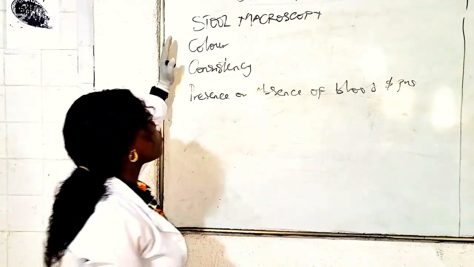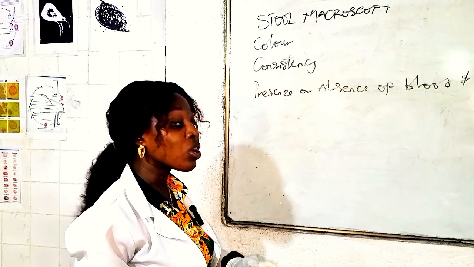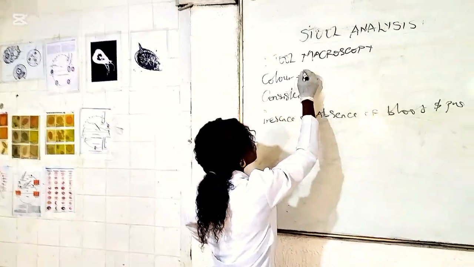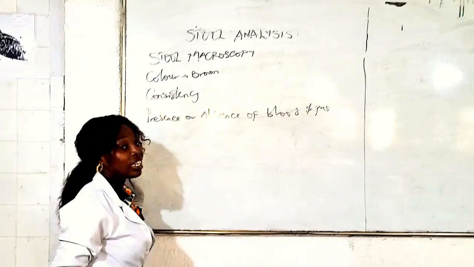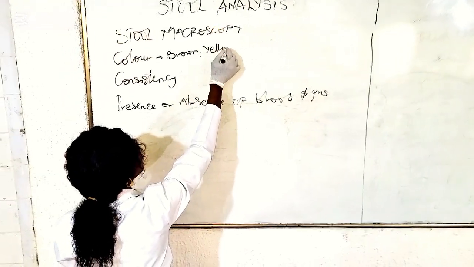So these are what we look out for. There are several colors that the stool can take up. Usually, we know stool to be brown. So a stool can either be brown, or yellowish.